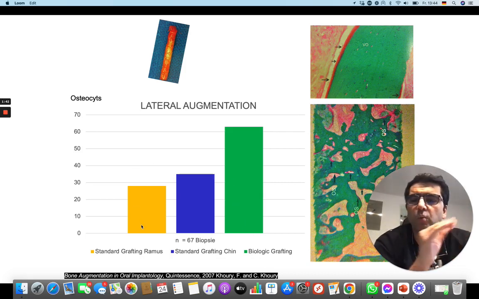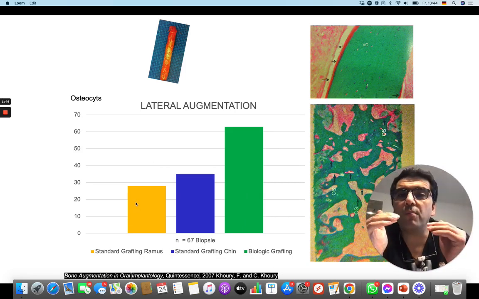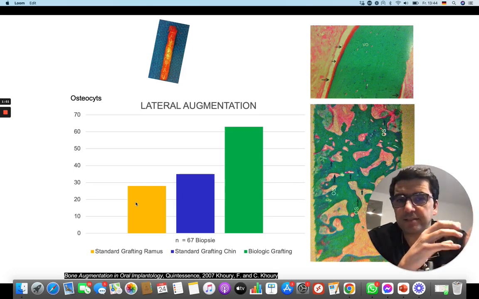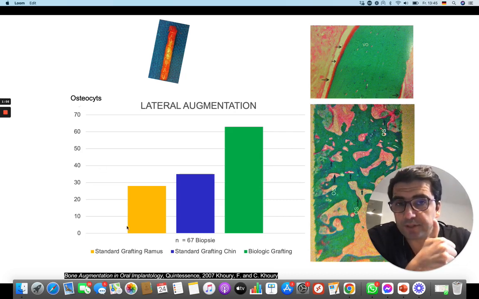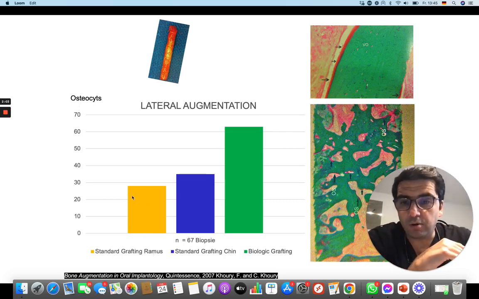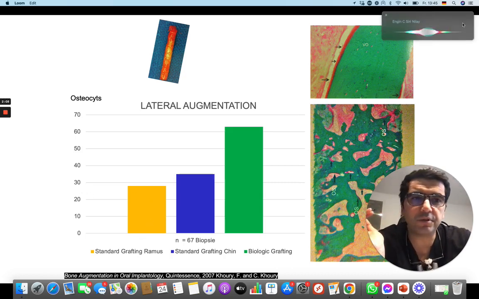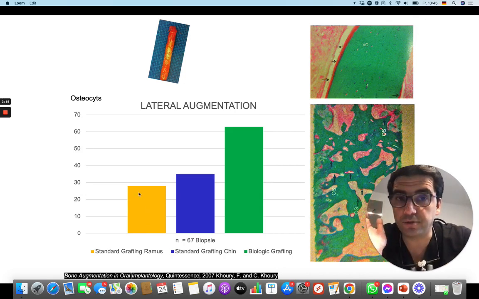Let's look at what the colleagues did in this study. They wanted to know the amount of vital cells. Here they looked at the osteocytes. In the first concept, the solid standard block from the ramus without splitting, the yellow color, you see nearly 30% of the amount is vital cells, osteocytes, nearly only 30%.